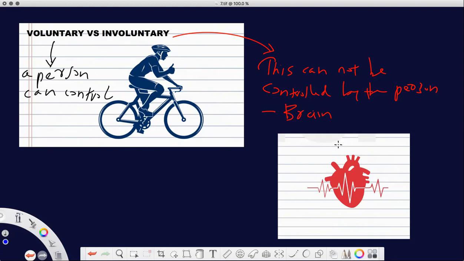It is only the brain and also the heart. These two organs have the capacity to increase or decrease the heart rate. So these actions are involuntary. So the nervous system has two types of action. One is a voluntary action, the other one is an involuntary action.